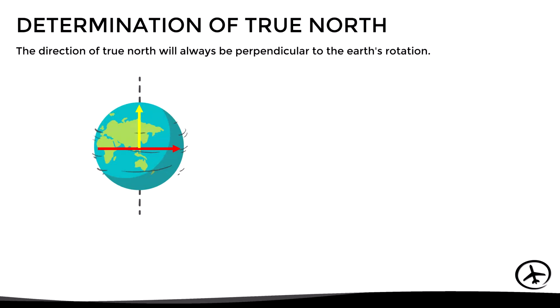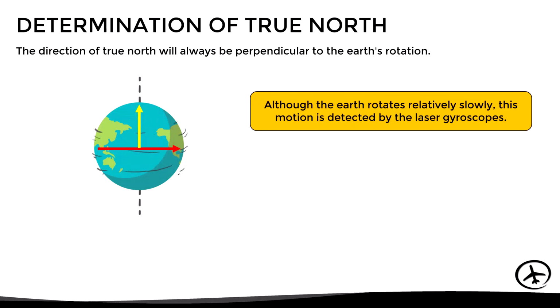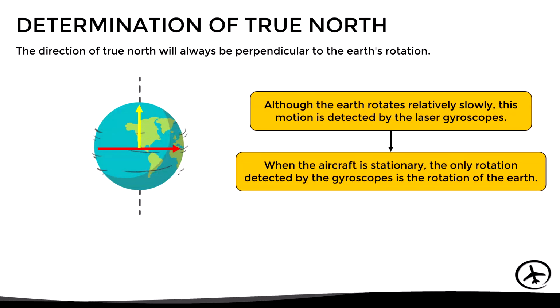Well, although the Earth rotates relatively slowly, this motion is detected by the laser gyroscopes. So during the IRS alignment, since the aircraft is stationary, the only rotation detected by the gyroscopes will be the rotation of the Earth. This way, these sensors will detect the direction of rotation of the Earth, and based on that, they can determine the direction of true north.